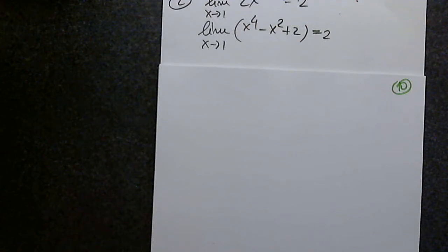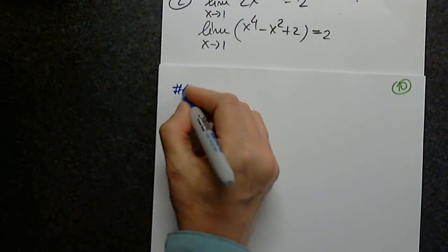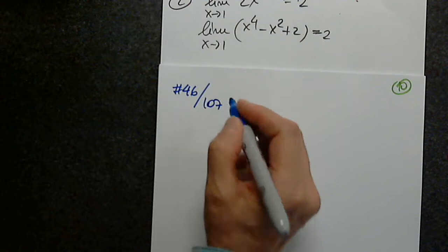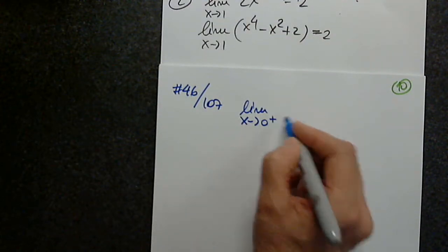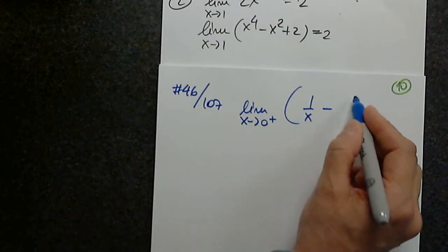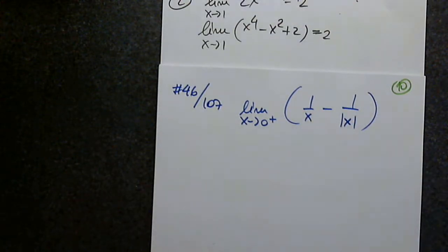Okay, so let's say problem 46 on page 107. The limit as x approaches 0 from the right of 1 over x minus 1 over the absolute value of x.